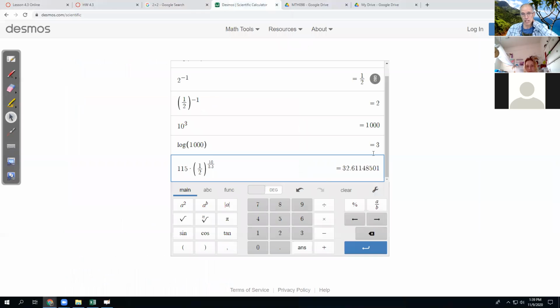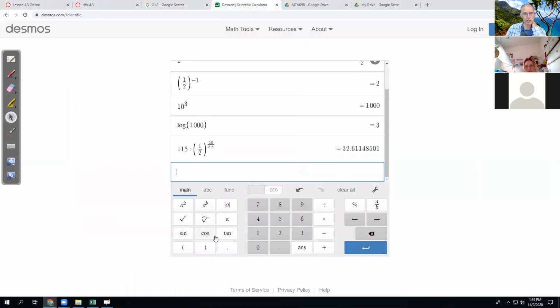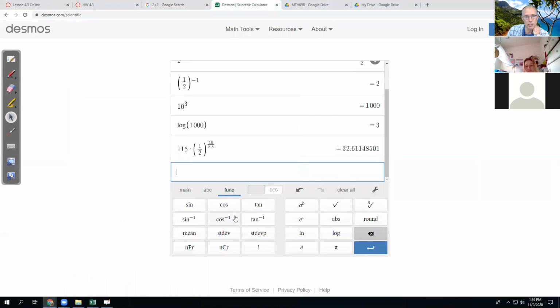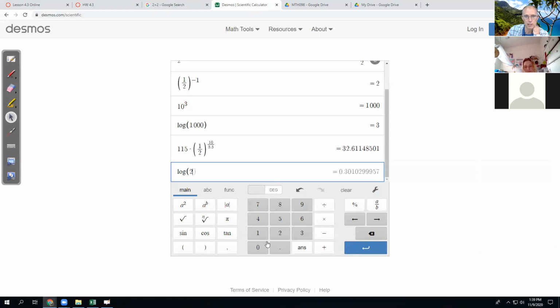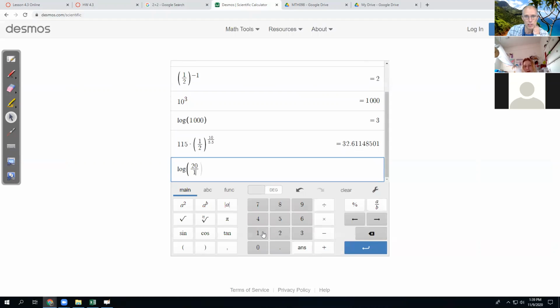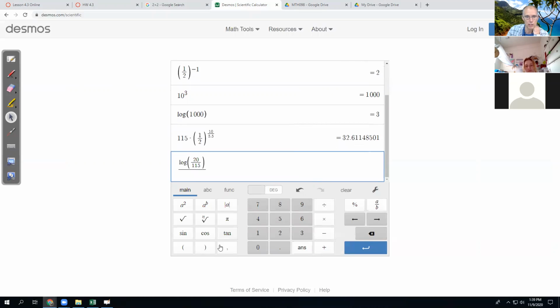Desmos should give the same answer if I enter it right. So with Desmos, I got to go over to the function to find the log. If you're on the web version, calculator version looks a little bit different. And then I can take my 20 over 115, get out of the denominator, close the parentheses, divide by the other log.